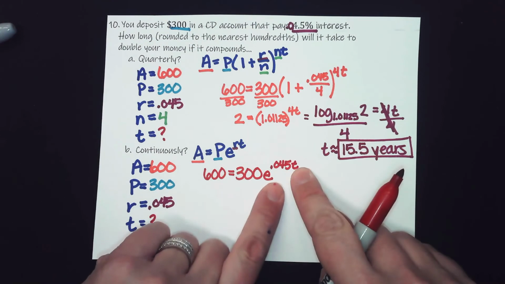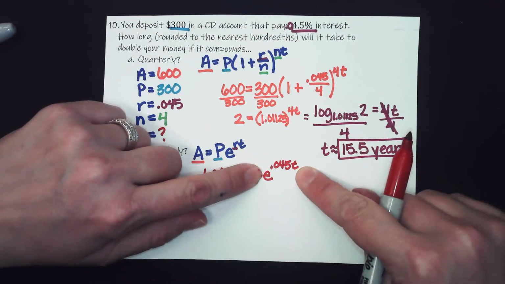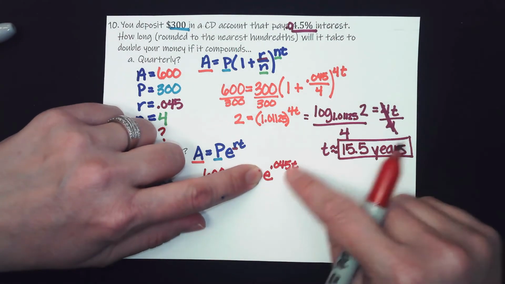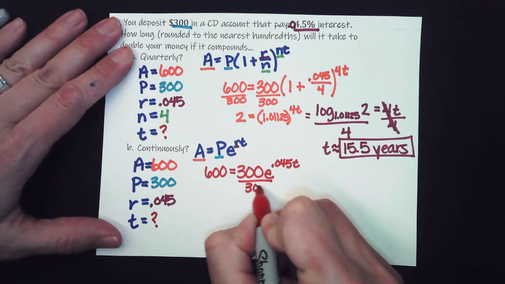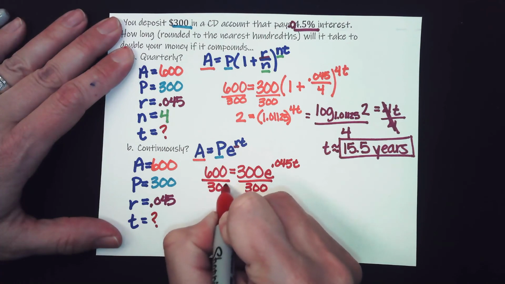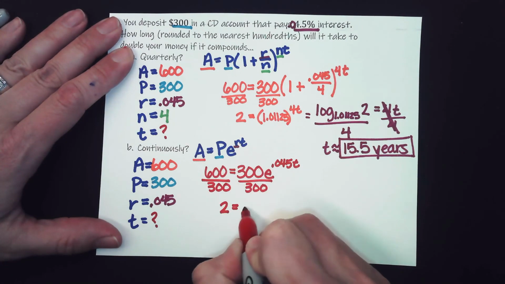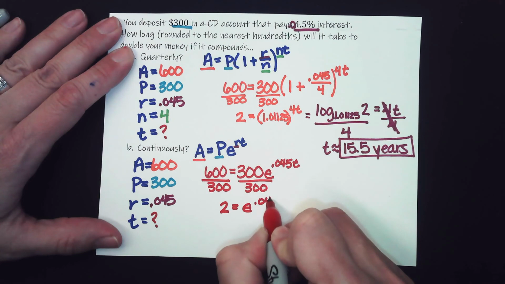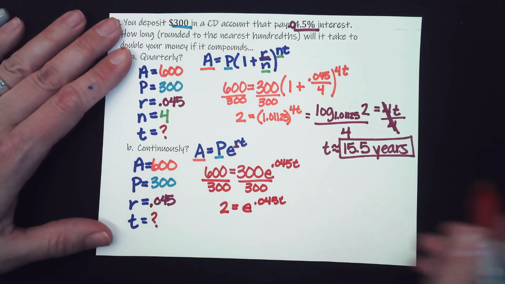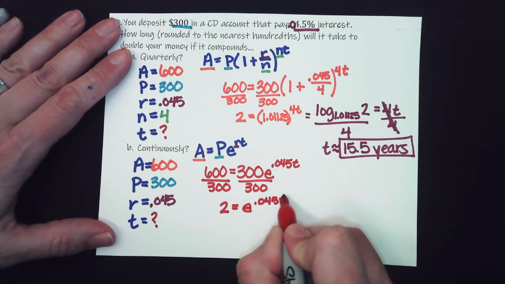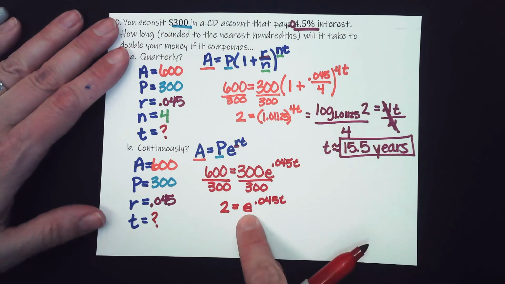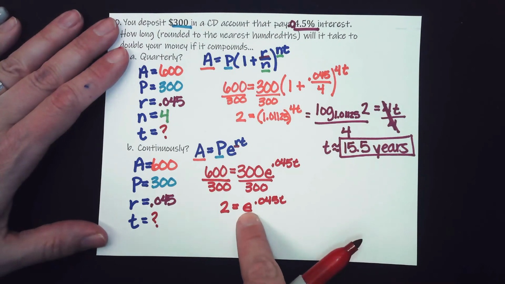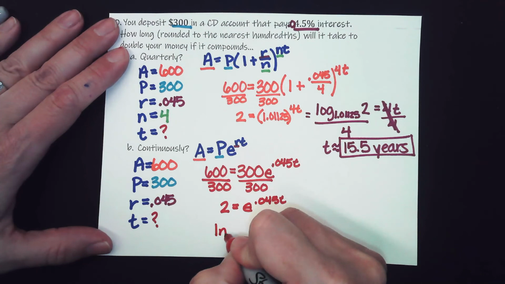Again, my variable's in the power here, but I have to get that by itself before I can get it out of the power. So I've got to divide by 300. 2 equals e to the 0.045t. Now I have what has the variable in the power all by itself, so I'm going to write this as a log. Now, log base e is the same thing as saying natural log.